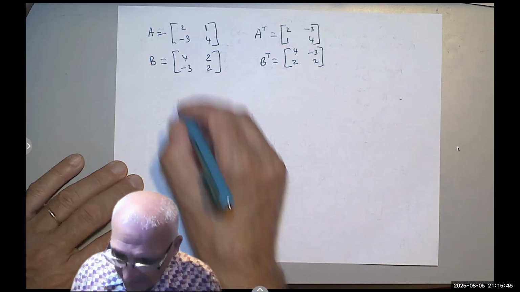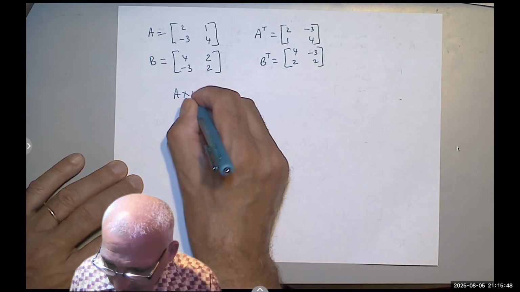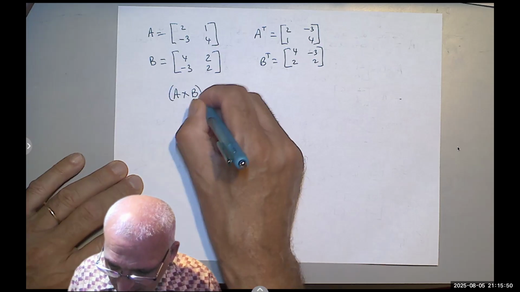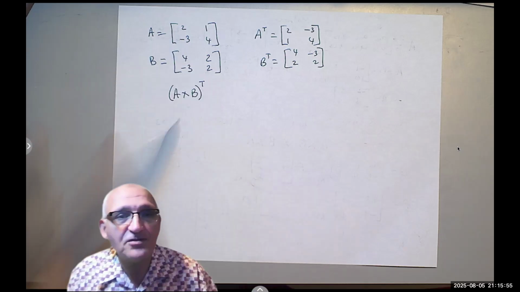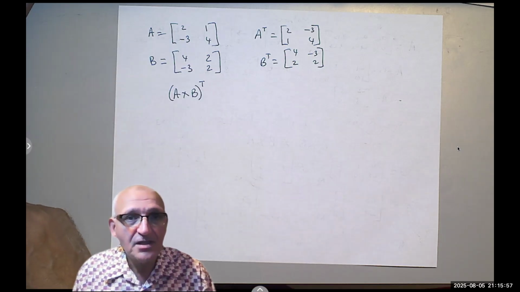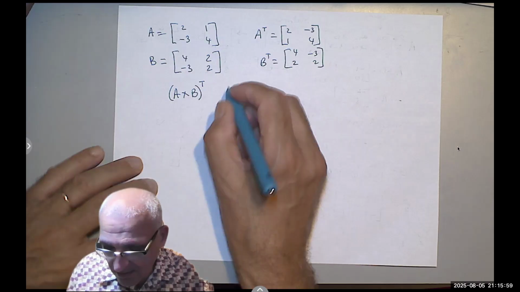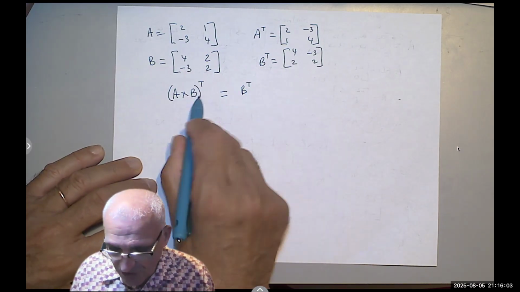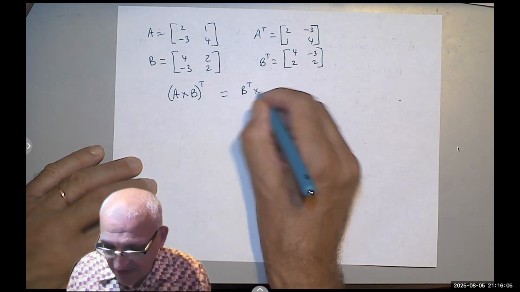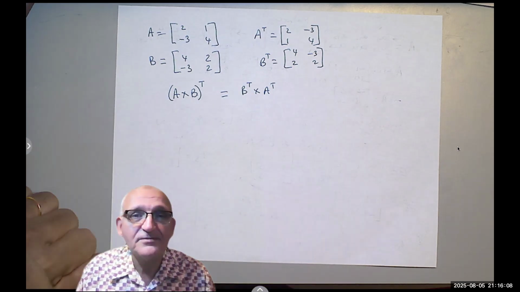Mathematically speaking, if I want to multiply A times B and then take the transpose of the product, so after I multiply, I'm going to make the rows columns and the columns rows, well, I can do it by multiplying B transpose, the second one, times A transpose, the first one.